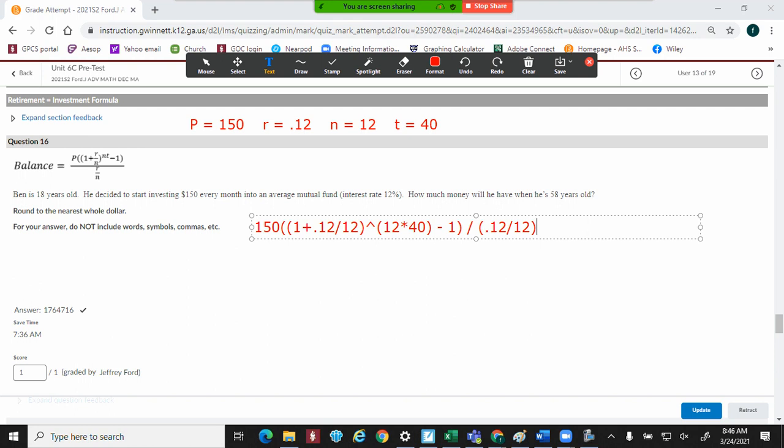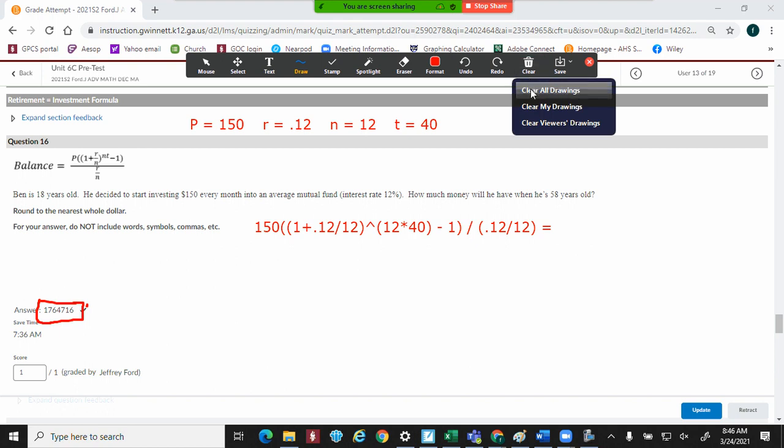If you press enter, you'll get your answer. If he invested $150 every month for 40 years, he will end up with $1,764,716. So $150 a month for 40 years gets you close to $2 million. Sign me up for that.